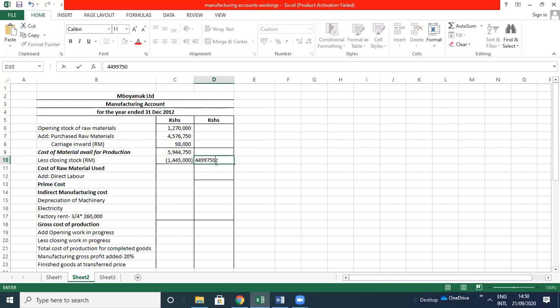4499,750. We can put that figure somewhere there. It is the cost of raw materials that we have used in this process of production. Then from there we add direct labor.